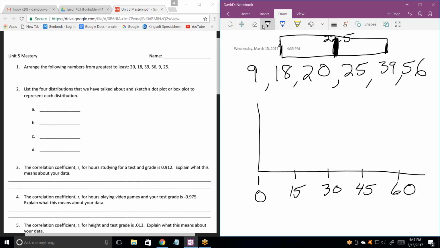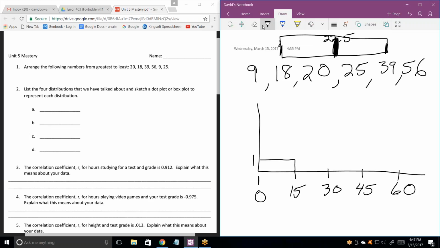How many people are between 0 and 15? Just one. The 9 is the only one.